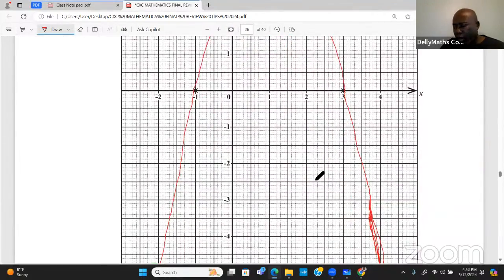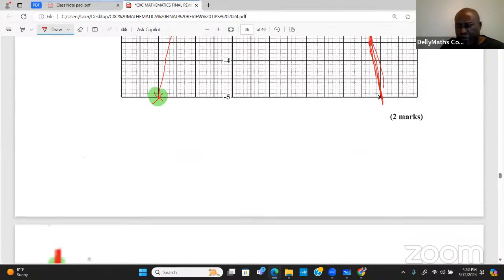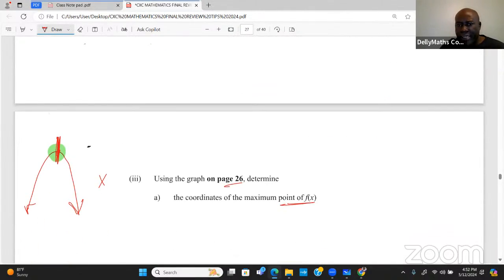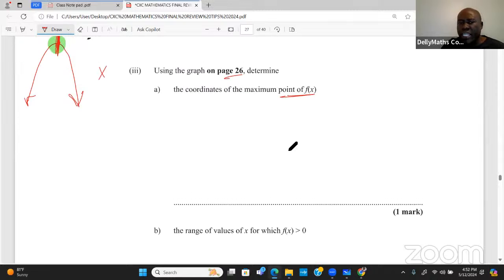That's my vertex. So it's a very straightforward question. Your vertex is the highest or the lowest point. In this context, it's the highest because it's a maximum. This is my x, this is my y. And be advised that that x value is the axis of symmetry as well. Just a note for clarification, just in case.